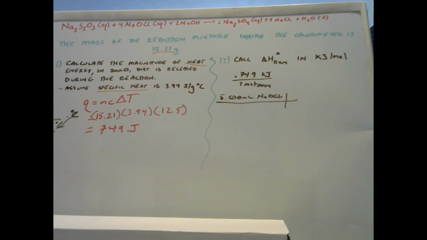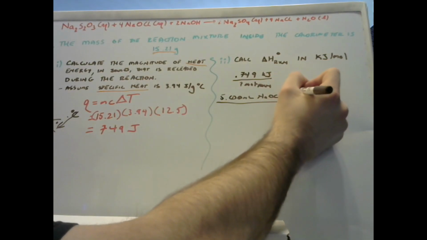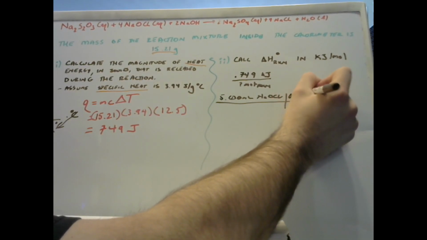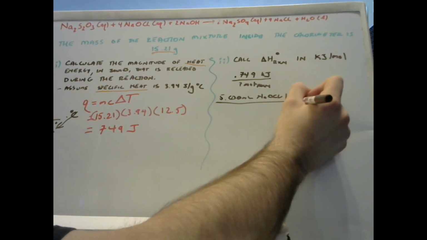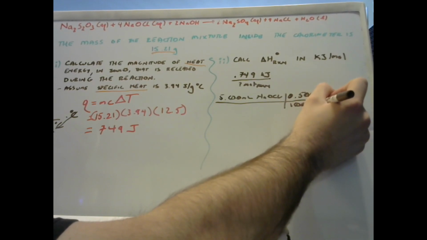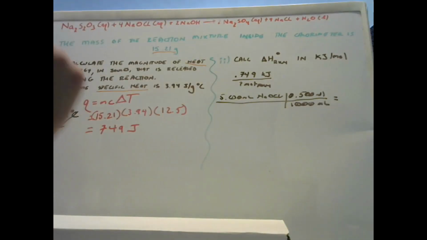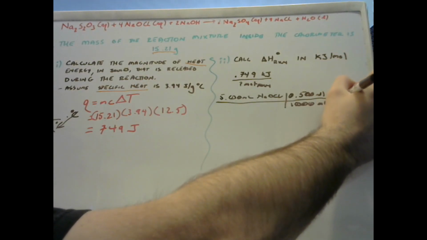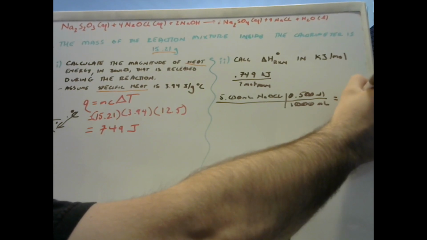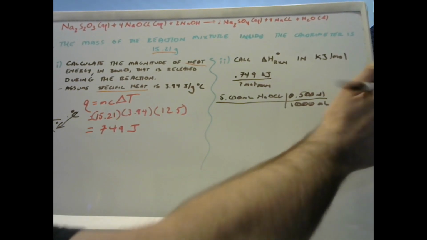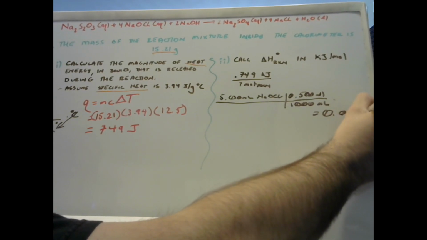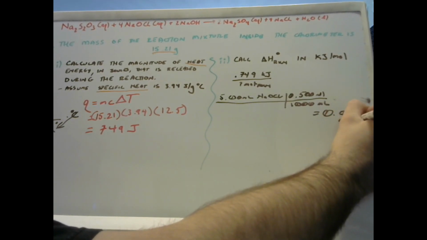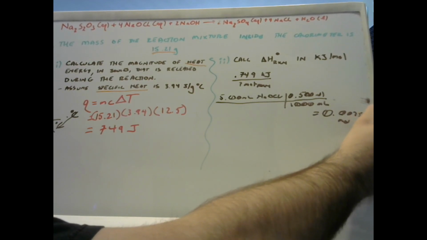And we know that it is 0.500 molar, which would be 0.500 mole per 1 liter, or 1,000 milliliters, which tells us that we had 0.00250 mole. Well, that's of NaOCl.